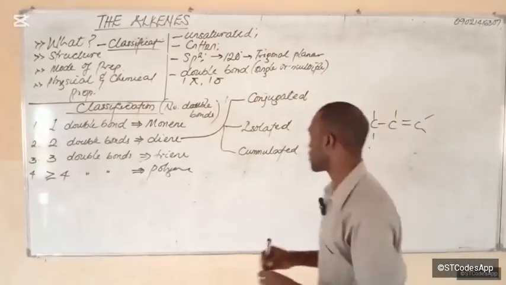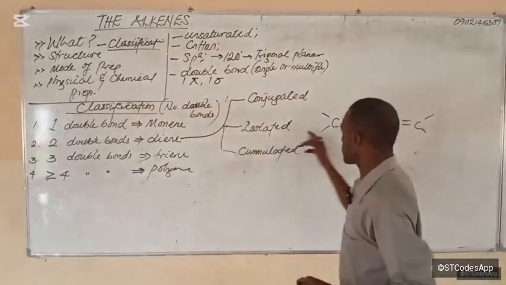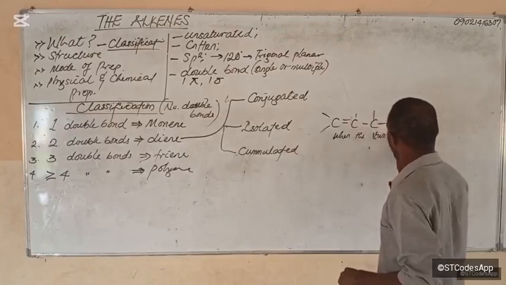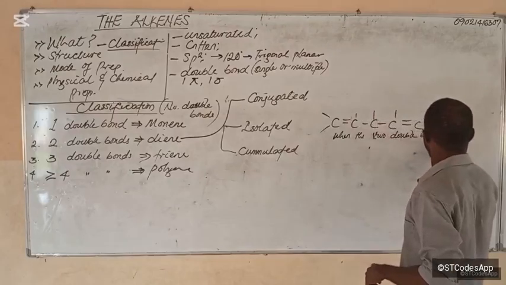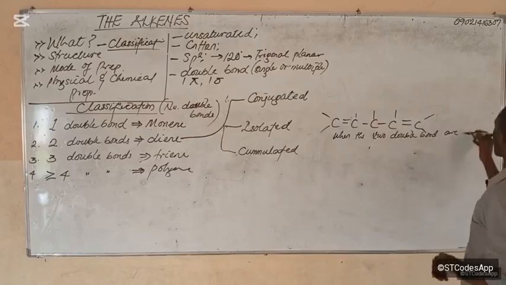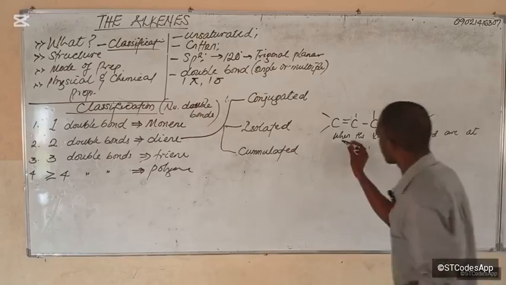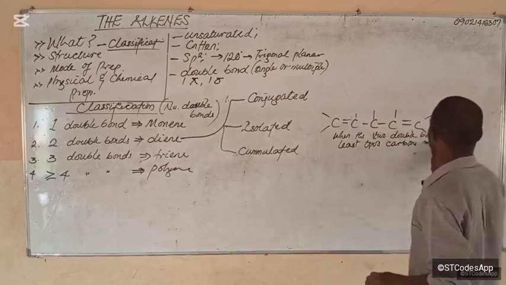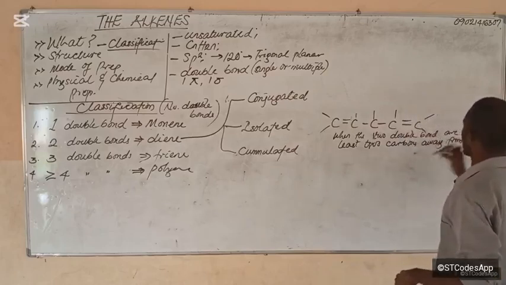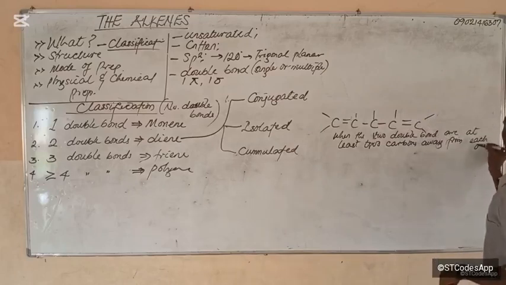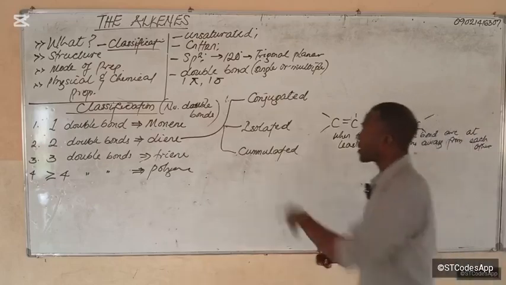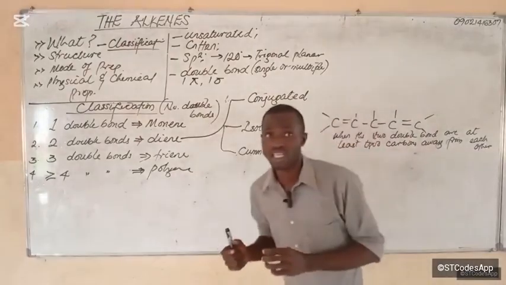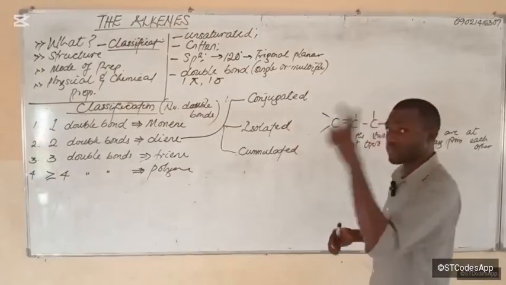An isolated diene is formed when the two double bonds are at least two carbons away from each other. Does that make sense? So you form an isolated hydrocarbon when the two carbons that possess the double bonds are at least two carbons away from each other.